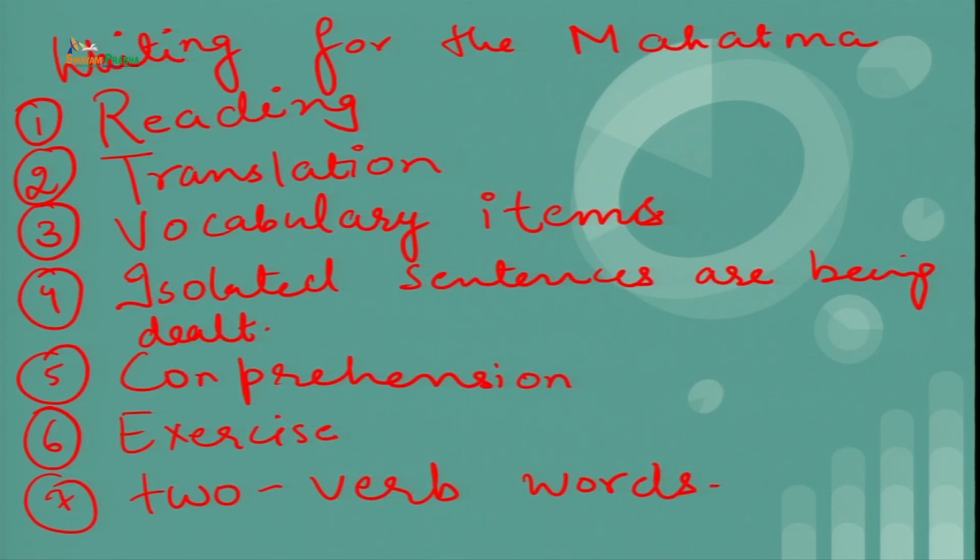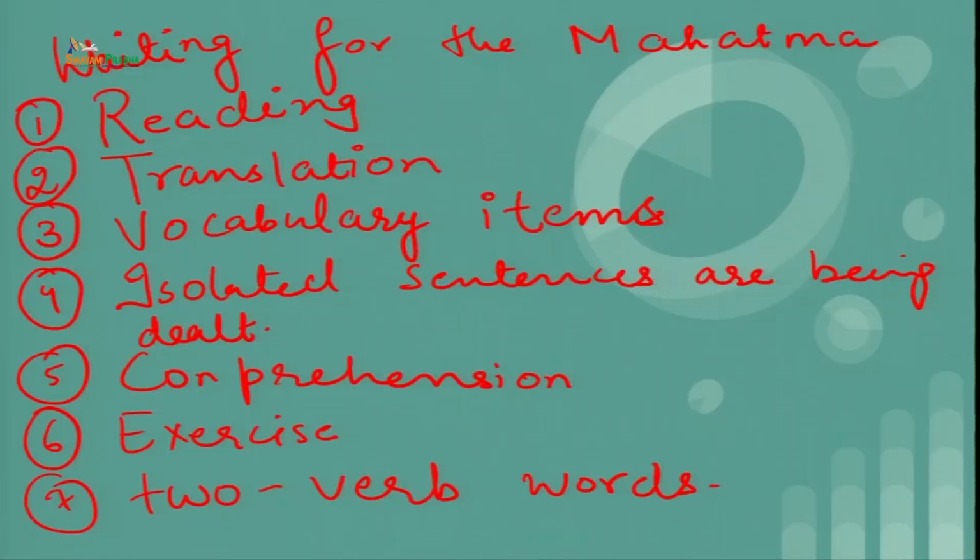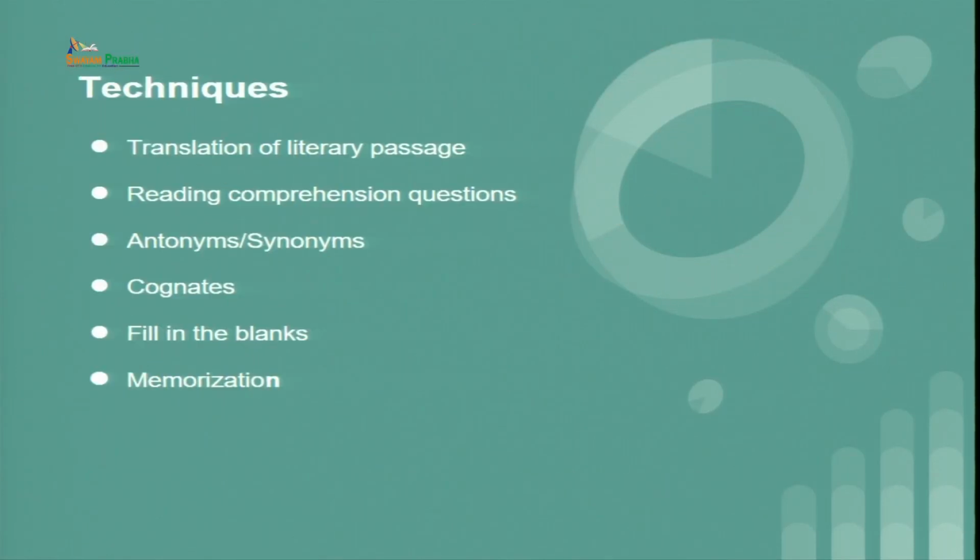So in this way, the teacher mainly focuses on essential components of the language, deals with each and every word in an isolated way, and also tries to explain this method by telling the importance of translation, and encourages the students to translate it in a better way. So here is the crux of all the techniques that are being used in the grammar translation method.